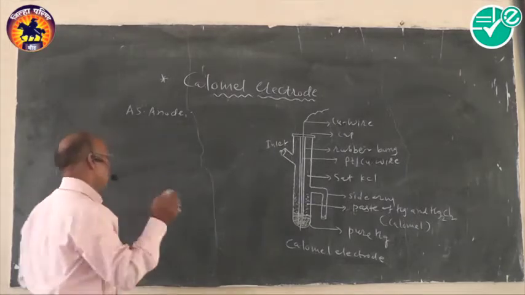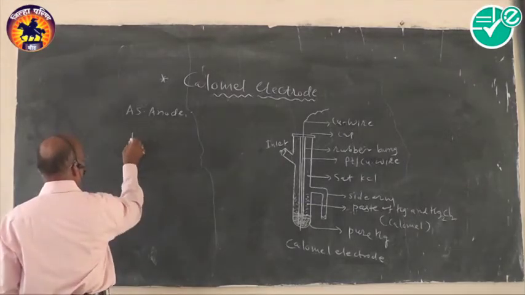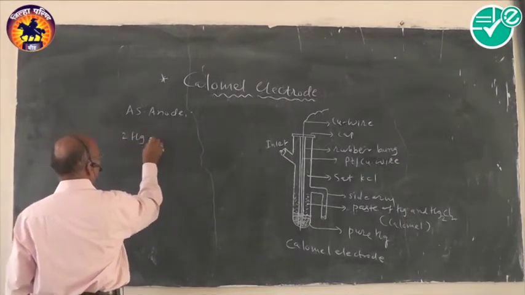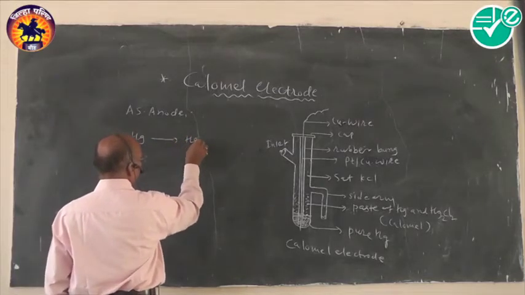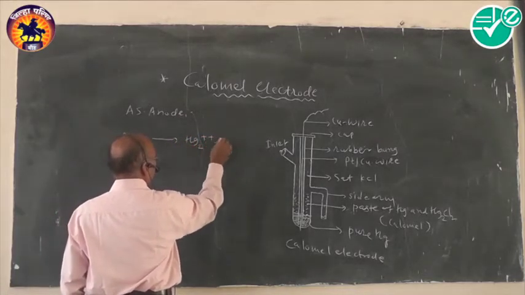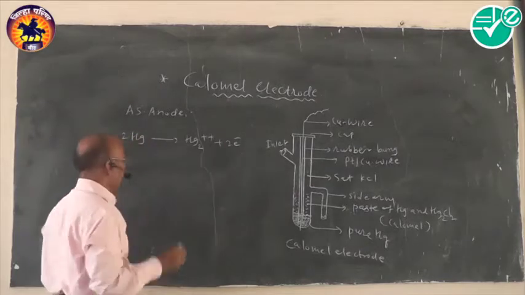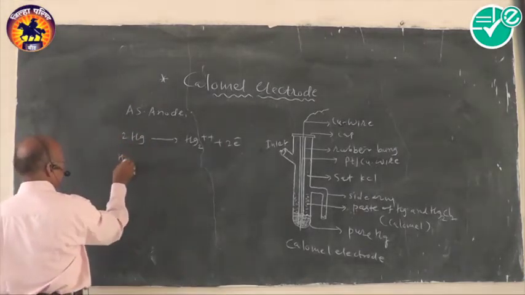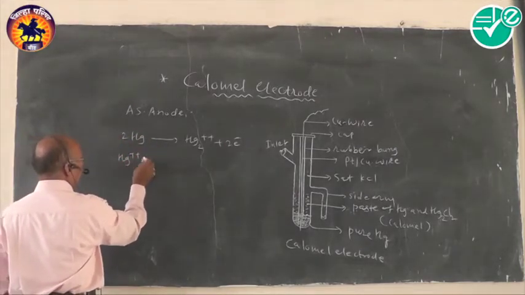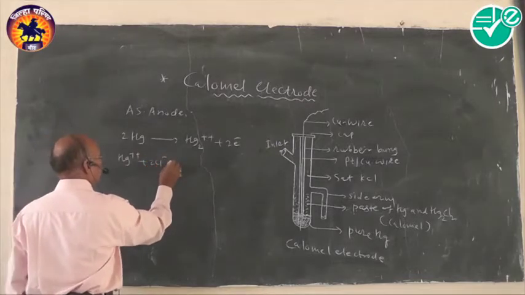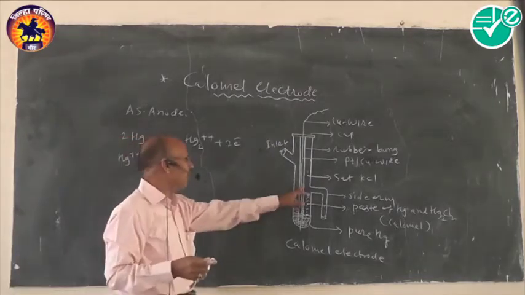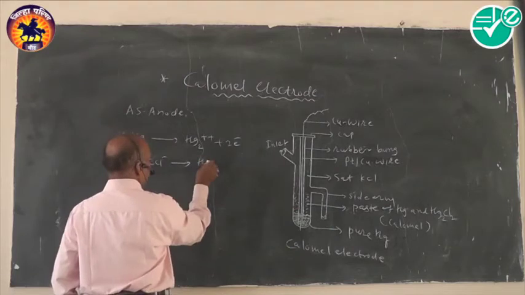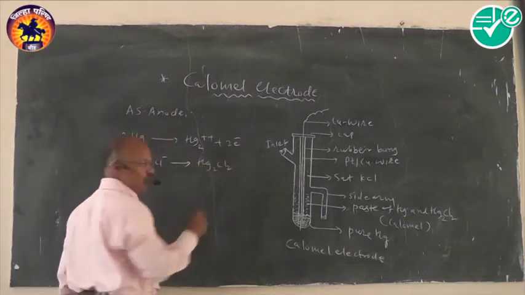What is the cell reaction? Very simple. In this case, mercury is oxidized, forming a dimercurous ion, just like this. This dimercurous ion combines with the chloride ions from the saturated KCl. It forms Hg2Cl2, mercurous chloride.